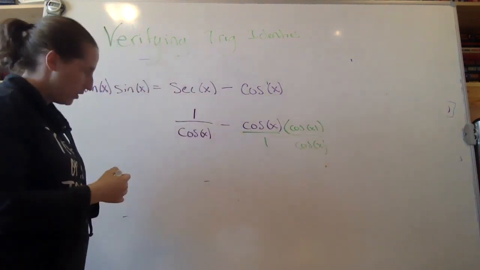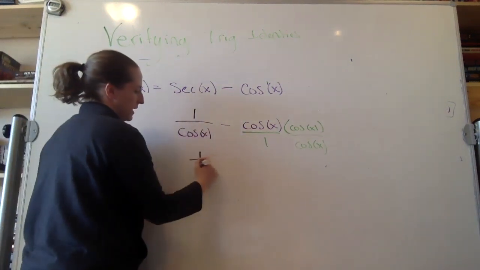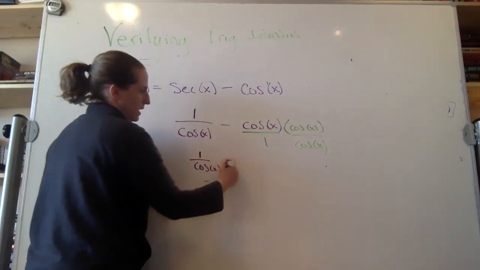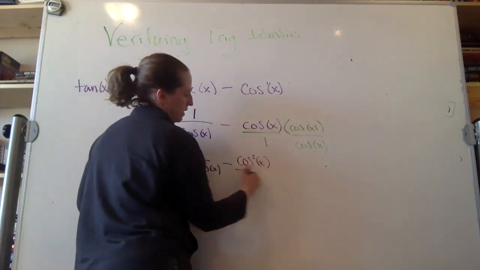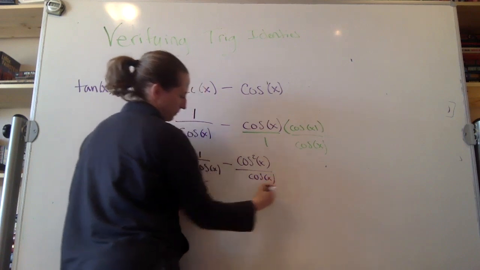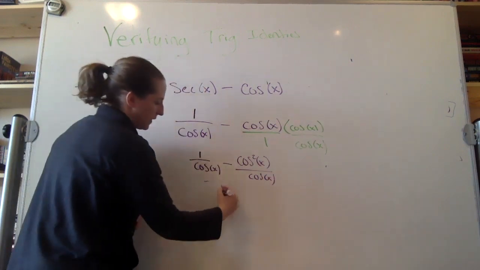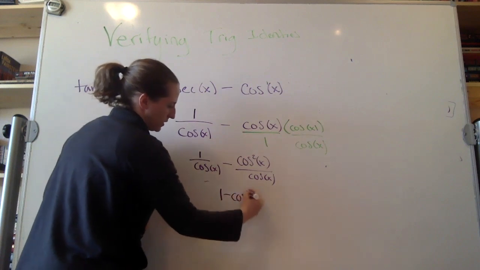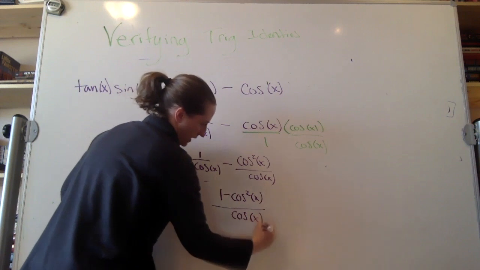So now I have 1 minus cosine times cosine is cosine squared over cosine. Okay, so now I have my common denominator, so I can say this is 1 minus cosine squared over cosine.